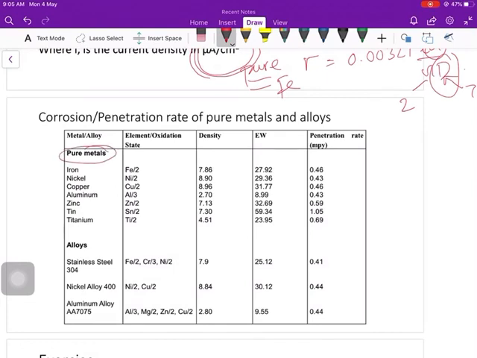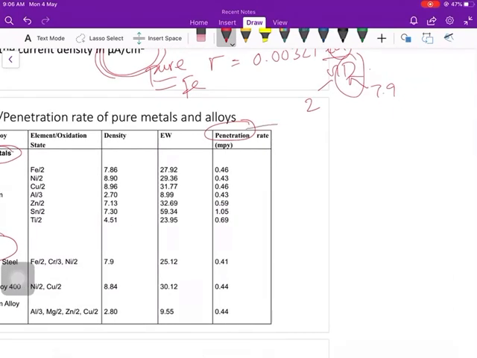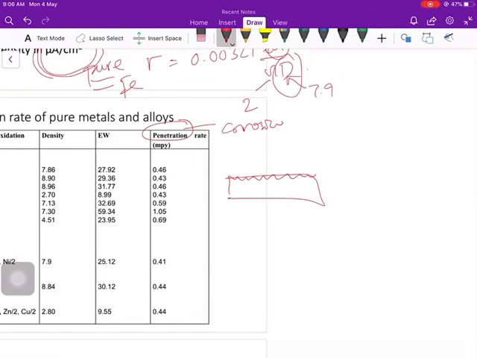This table shows some examples of pure metals and alloys and their penetration rate. Penetration rate, you can also call corrosion rate. For uniform corrosion, you call it corrosion rate, but for localized corrosion such as pitting, where only a small area is affected, it is called penetration rate. It is similar, depending on the form of corrosion.